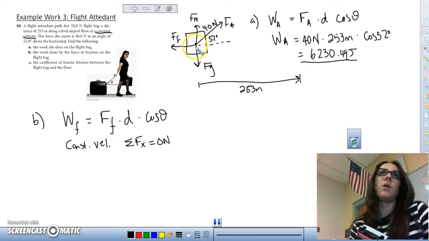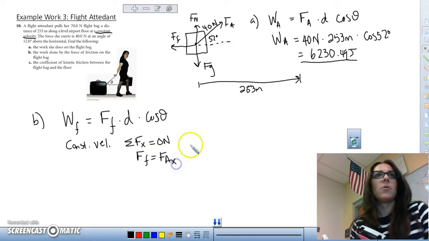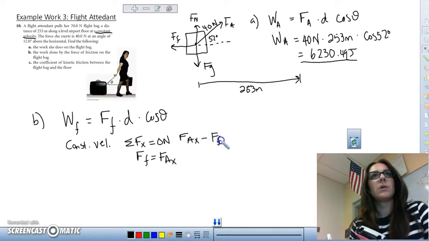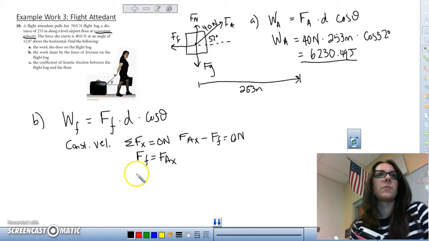In other words, our force of friction is going to equal our force applied in the x. Or another way I could write this is force applied in the x minus force of friction gives us no acceleration. These both mean the same thing.